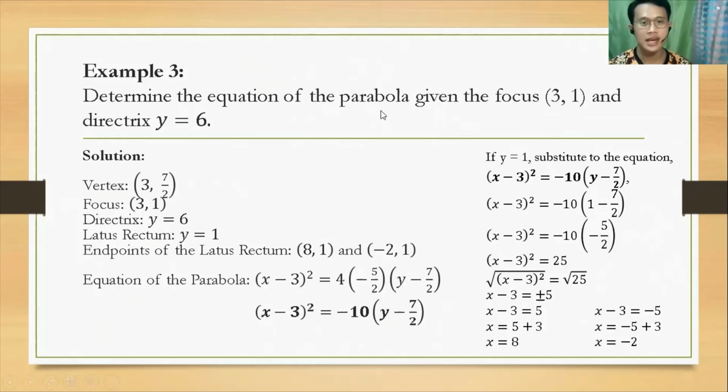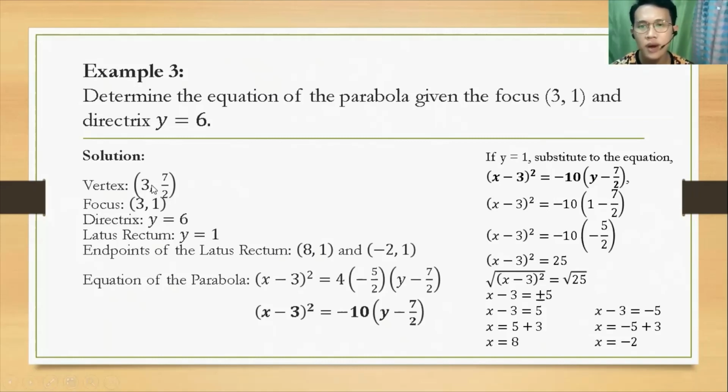But before you can use that one, you can identify already the vertex. The vertex is (3, 7/2). Sir, how did you get the vertex (3, 7/2)? For the x value, it's quite obvious because the x value of your focus is the same as the x value of your vertex.